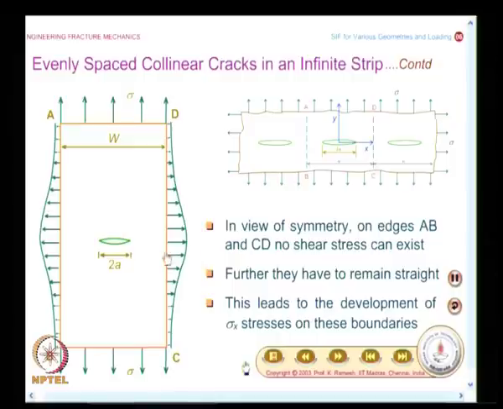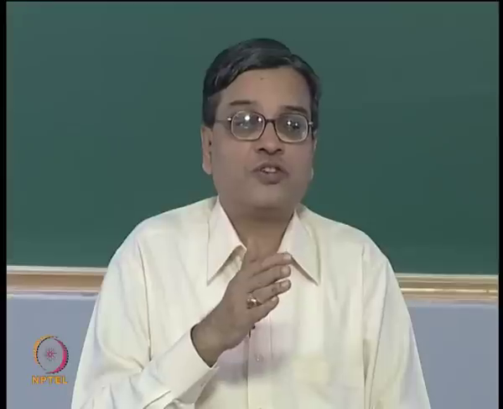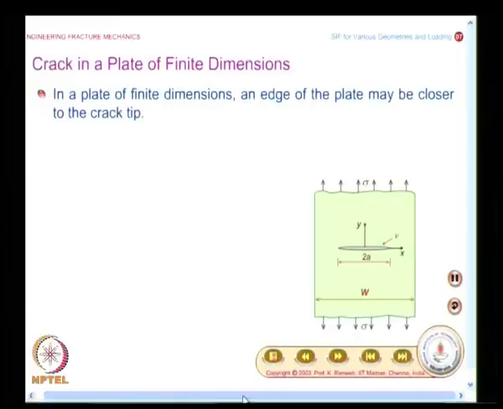So, the argument here is that as long as the a by w ratio is small, the solution for evenly spaced collinear cracks can be taken as the value of k for a finite strip, because in all practical situations you have only finite body problems. This is the kind of argument they put forth, and we will see further.